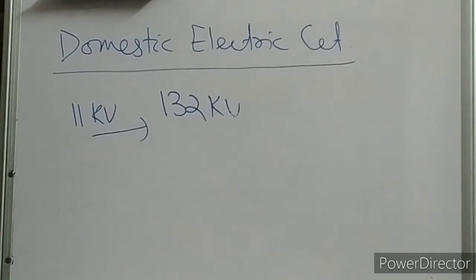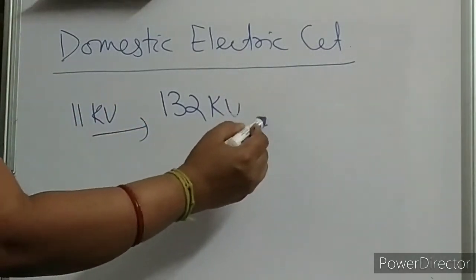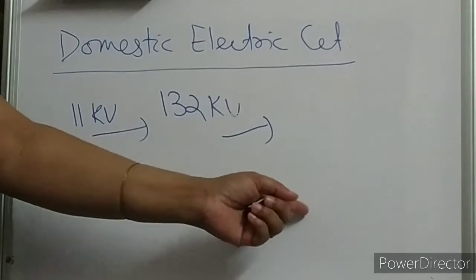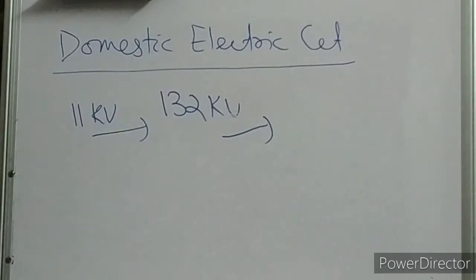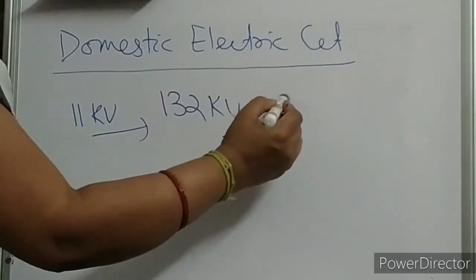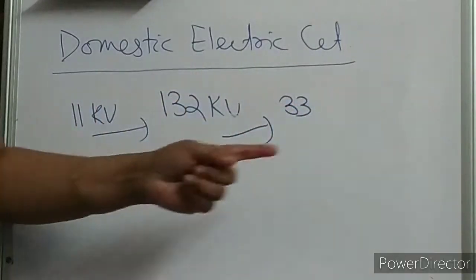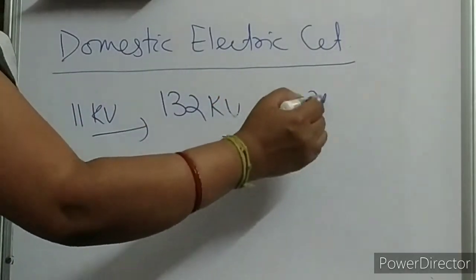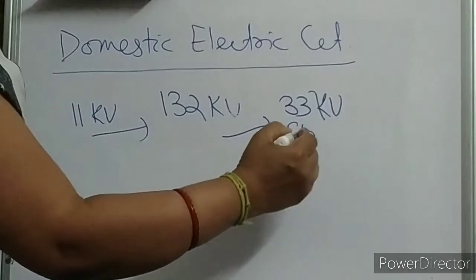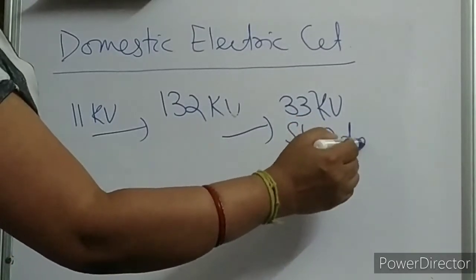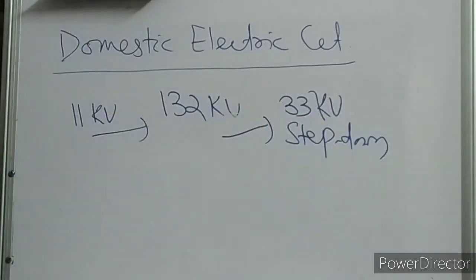Then from the grid substation to the main substation, what will we do? We will use step down. Here it is the grid substation. Then at the main substation, we will step down from 132 to 33 kilovolt. This is step down. As you can see, we have decreased the voltage.